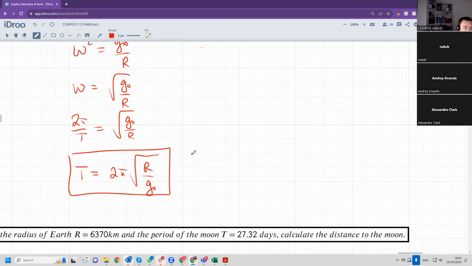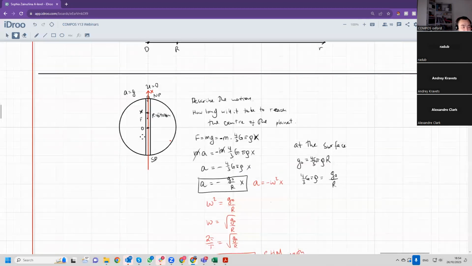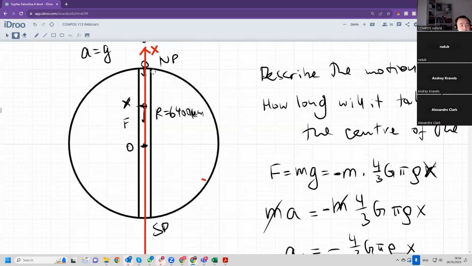It's a simple harmonic motion with period T. A period in simple harmonic motion means the rock will travel to the center of the Earth, then to the South Pole, then back to the center of the Earth, and back to the North Pole. And that is one period.